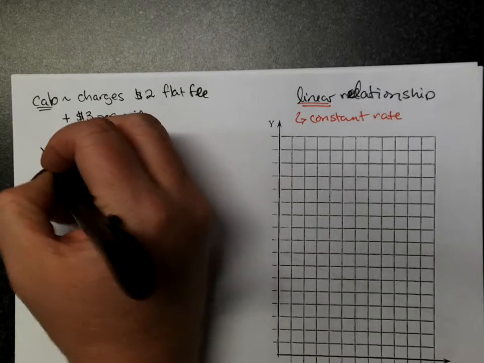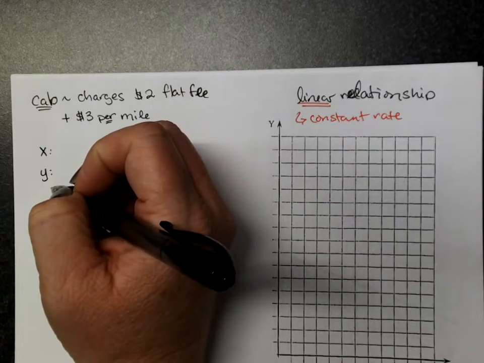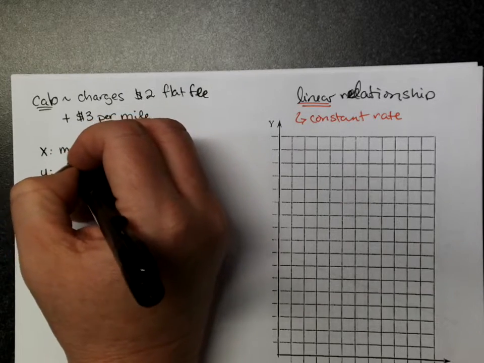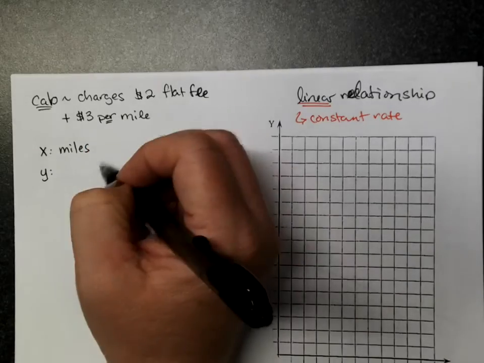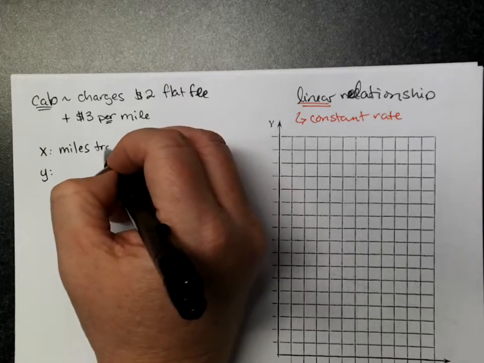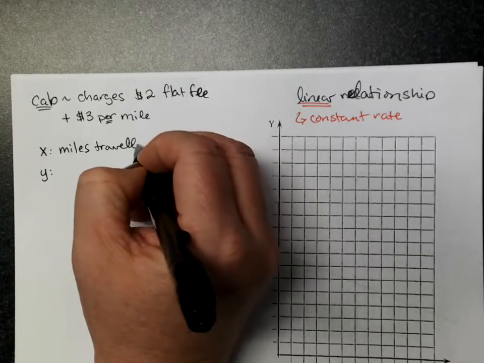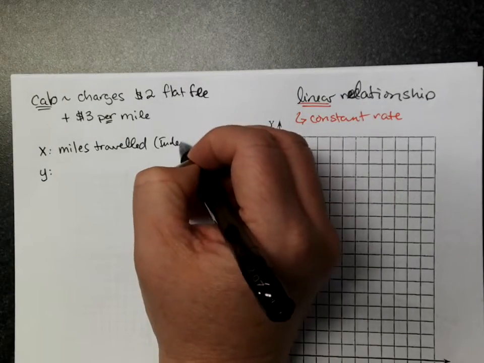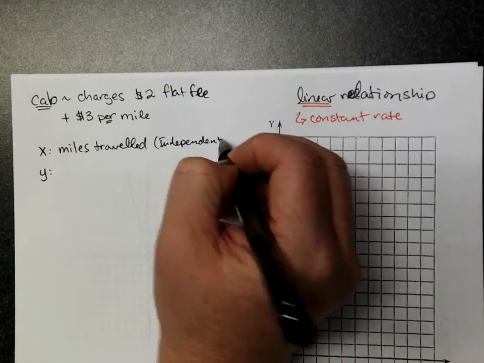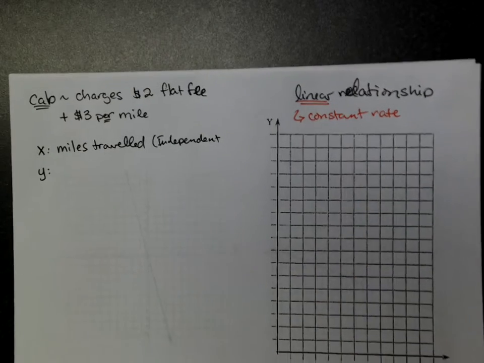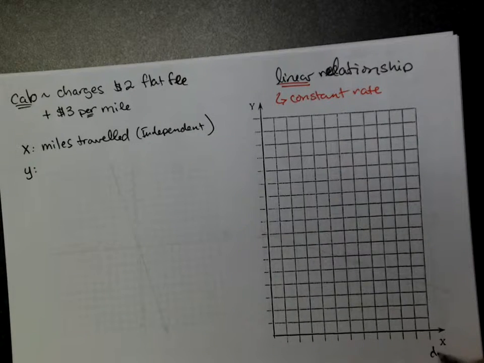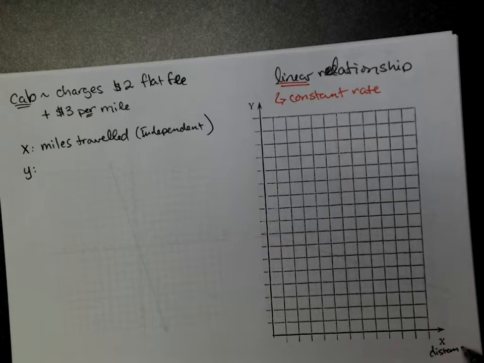So our independent variable, which is generally our x, is miles. And that's our independent. So let's make that our x-axis. So x is going to be distance, or miles.